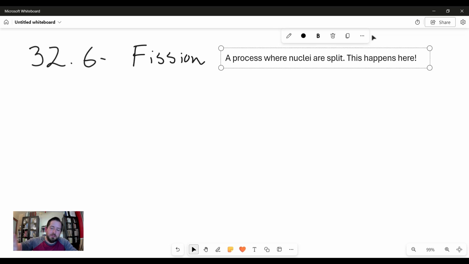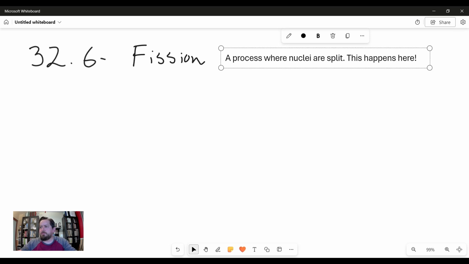So again, anything beyond iron, when you do fission, when you break these things apart, you will get a net energy out of them. So we're talking about the heavier elements, and typically we are looking at things like uranium, plutonium, things like that.